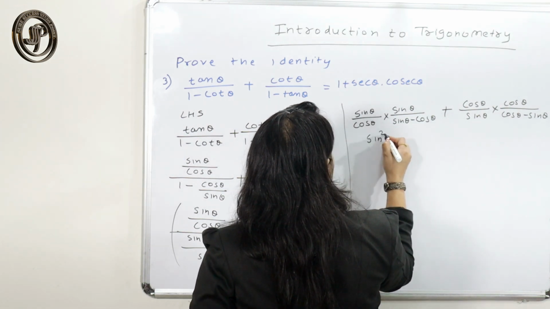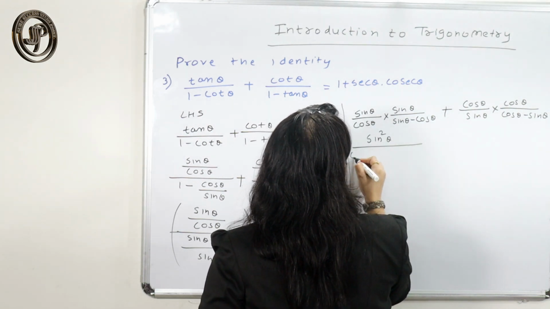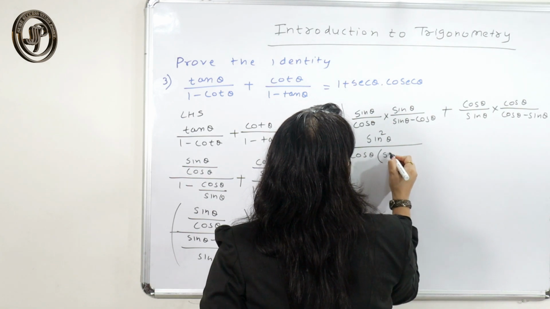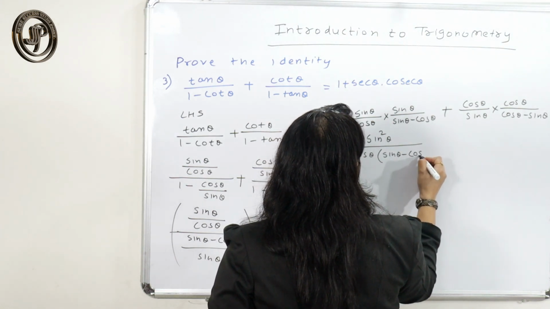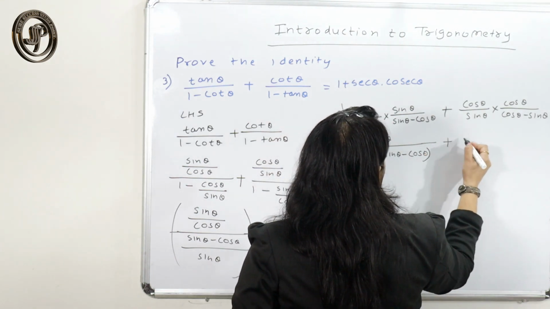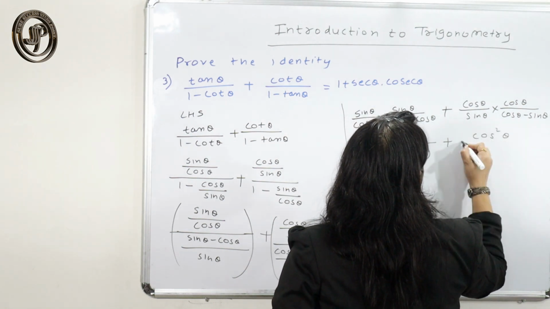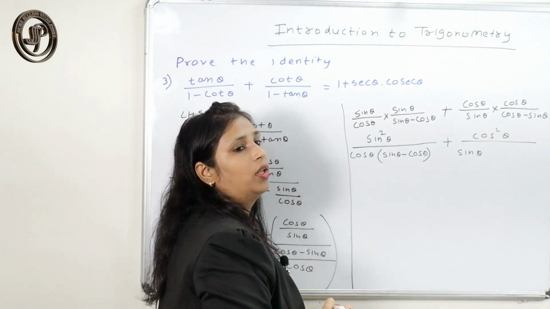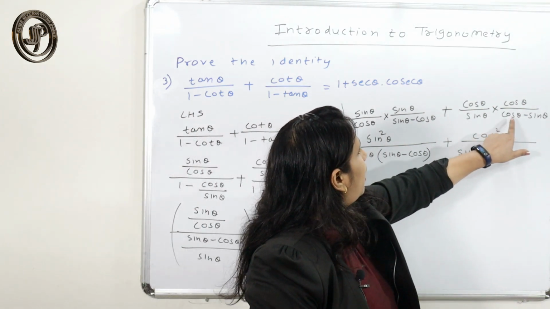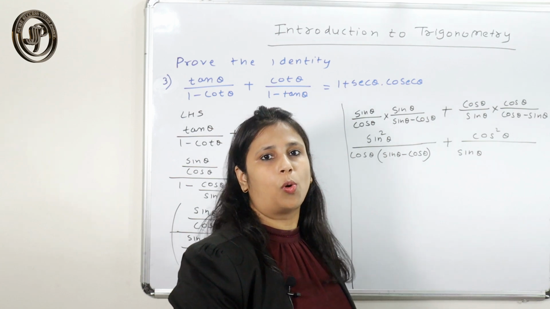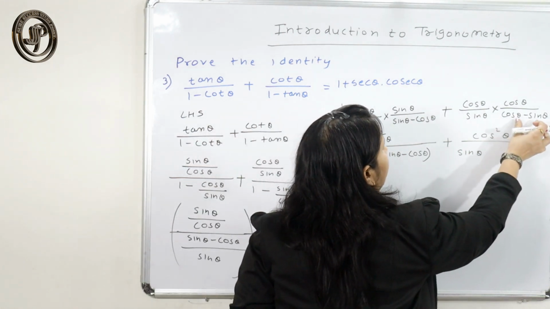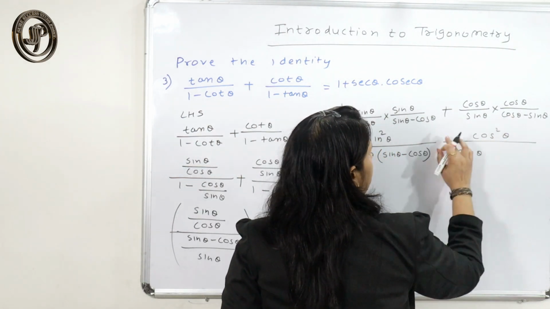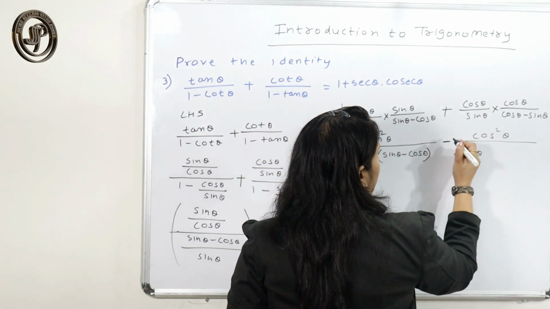So here it will be sin square theta upon cos theta into sin theta minus cos theta. Here it is cos square theta upon sin theta. See, one thing I am doing here, I am taking the minus common. Okay, so if I take minus out from this, this whole becomes negative.